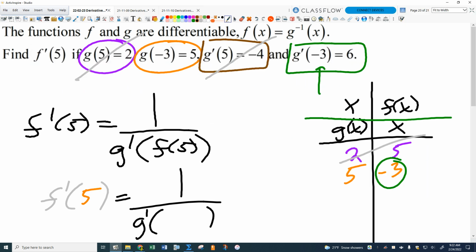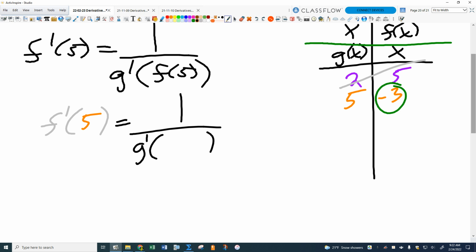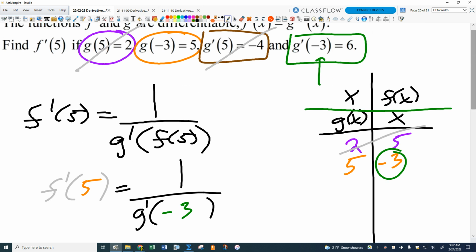We'll call that our green number, right? Because that's the output when I input a 5, and so that's the one that goes with that statement. So what's the answer? 1/6.